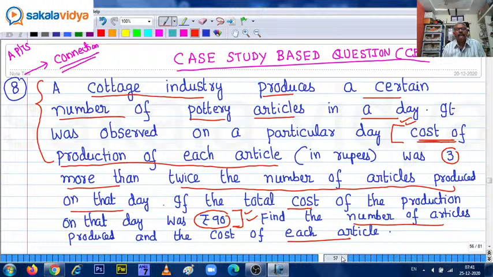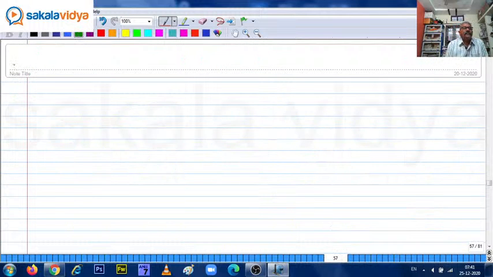So let us solve now. See the solution. First you write down like this.